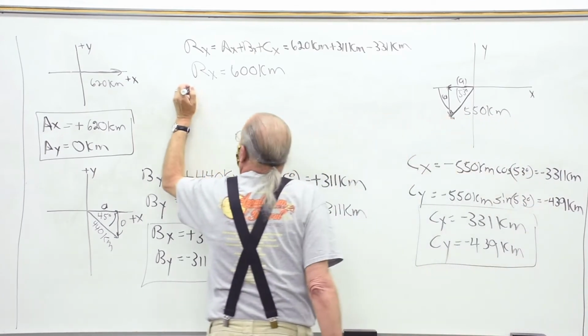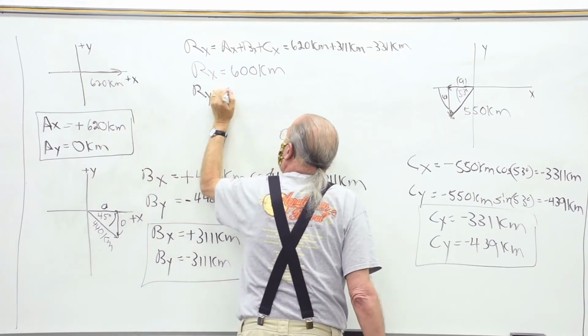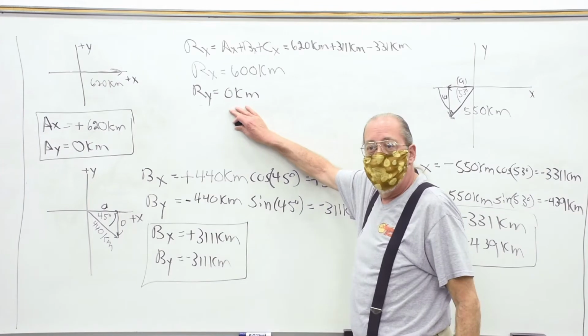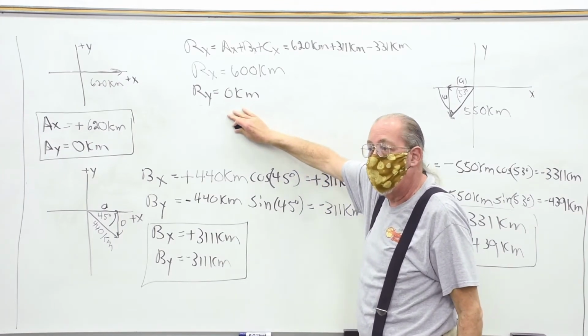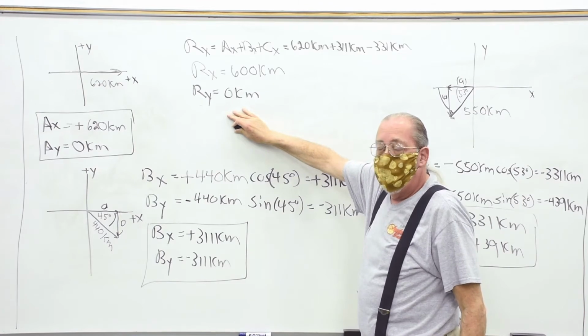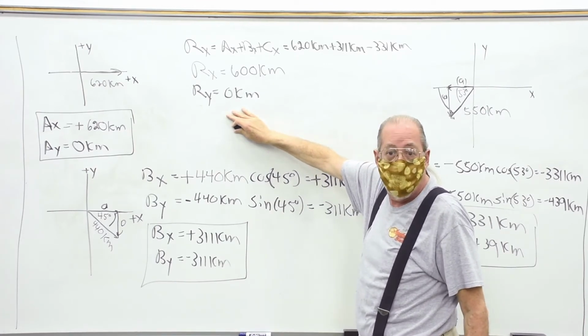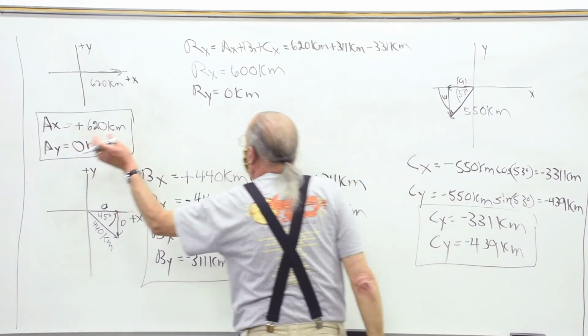For the y component, 0. Why did I write 0 in there? I don't have to do that mathematically. Why do I want you to write 0? To remind yourself that you calculated this and it did turn out to be 0. You thought about this. On this first leg, we didn't go north or south at all.